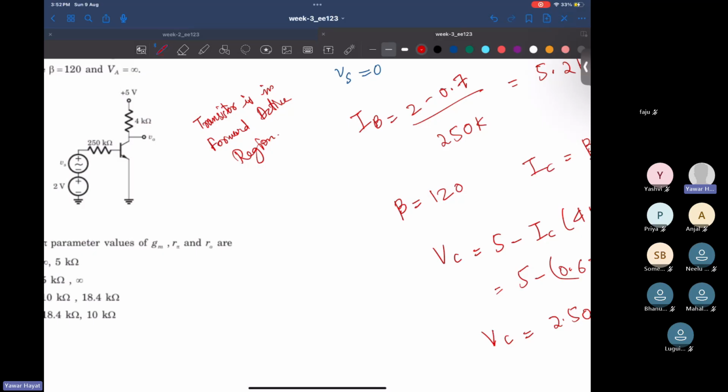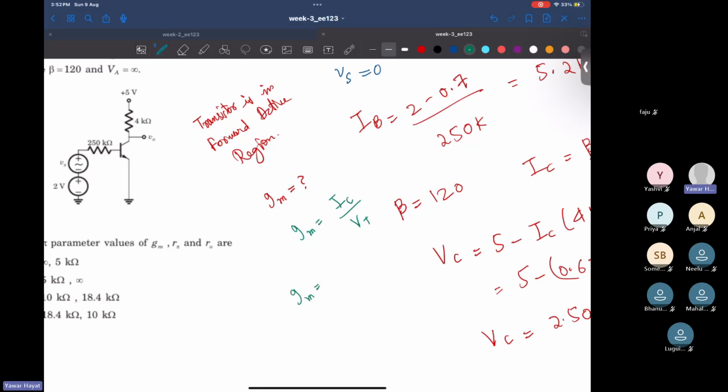Okay, now let's compute gm. For the hybrid pi model, what is gm equal to? You would have done the formulas. For the hybrid pi model, you write gm as IC by VT. And how much is that then?